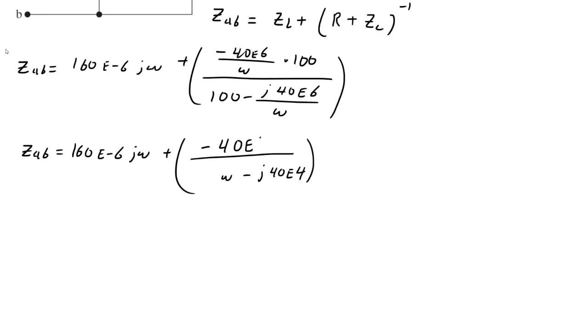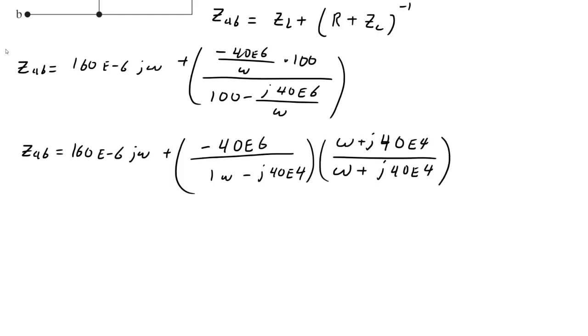No, it shouldn't change. It should still be a million. So this is just going to become 1. Basically just divide the denominator by 100 to get into an easier form for the complex conjugate. So 1 plus J 40,000. Okay.